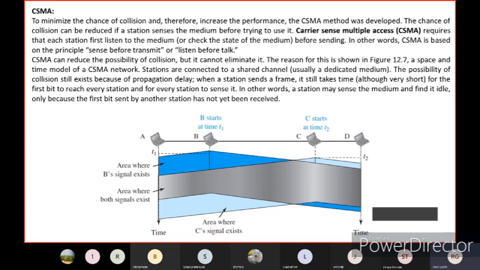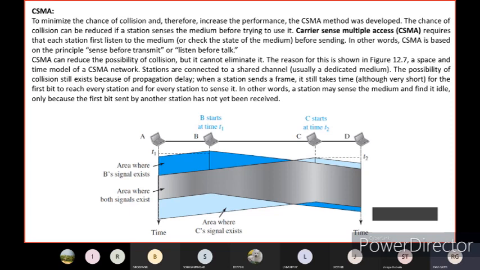It has transmitted the data to station A, station B, and station C also. T1 is when B started, and C also transmits at some instant of time.